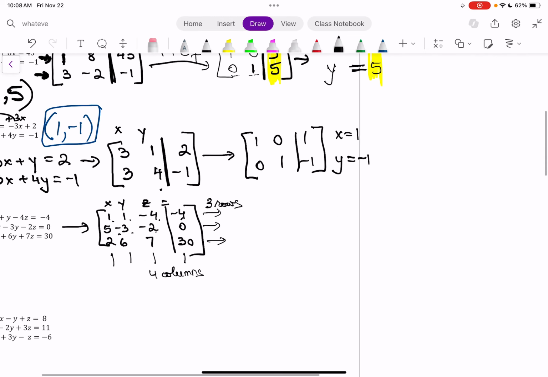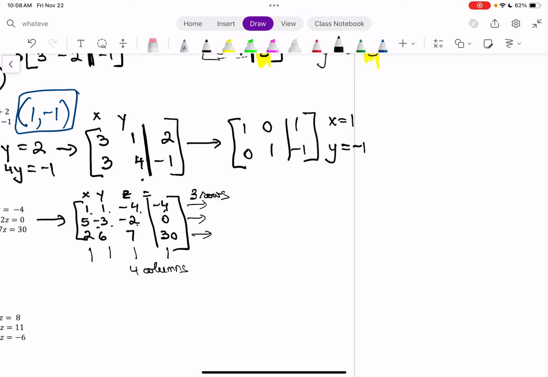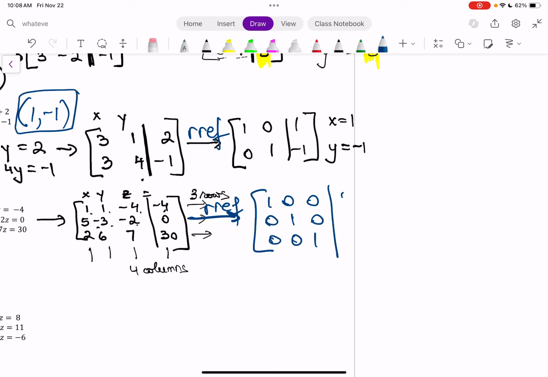We've reduced it. And this is what you see. And same thing, behind that bar are the solutions to the system.